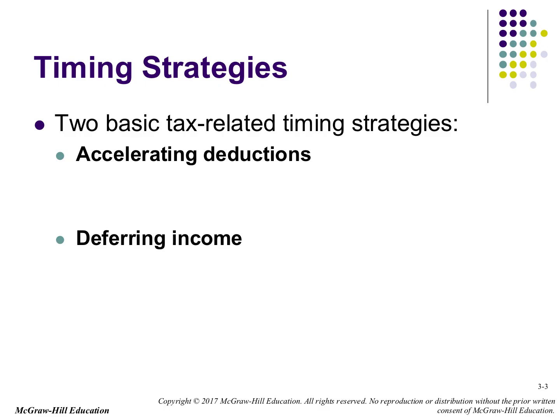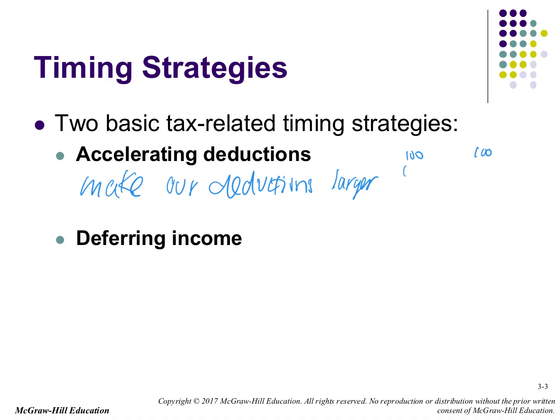So when we think about accelerating deductions, we're trying to make our deductions larger. So if we have $100 in income, we'll keep it really small numbers, $100 in income.